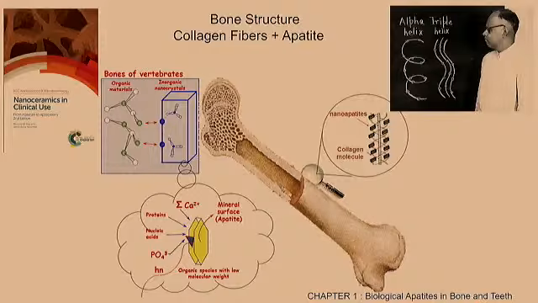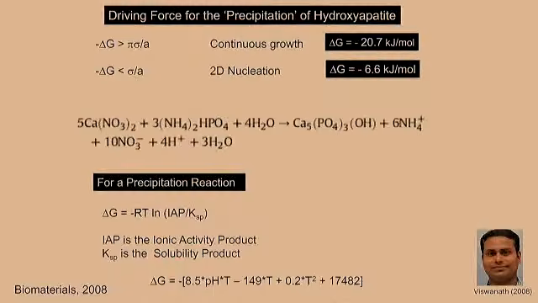This hydroxyapatite formation is a precipitation reaction. It's a mineralization reaction. We have a soup of phosphates and calcium and hydroxyl, whatever it is, and hydroxyapatite precipitates during the initial formation of the bone. Therefore, we can write down delta G for this reaction, where it's given by the ionic activity product over the solubility product.